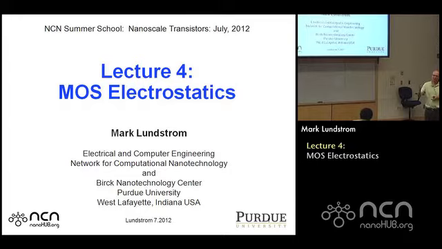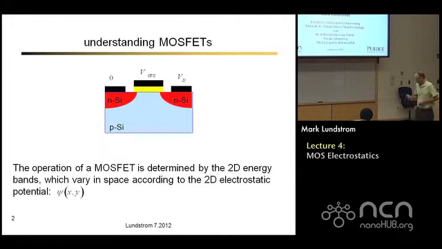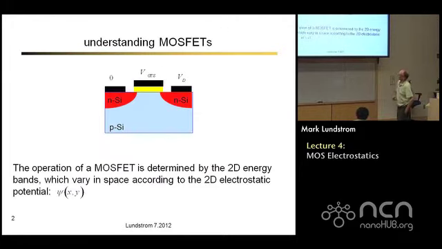Now, whether the transport over that barrier is drift diffusion or ballistic or quantum mechanical, that's sort of a detail, right? The important thing is the Poisson equation, right? So MOS electrostatics are really important.